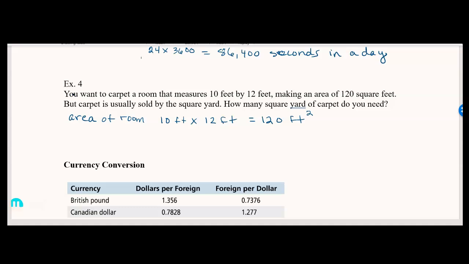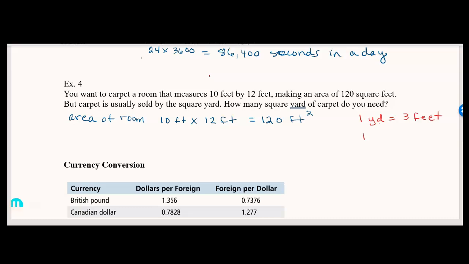Next, we have it in terms of square feet, but we need to put it in terms of square yards. All right, let's look at it this way. I'm going to put a little note over here. We know that 1 yard equals 3 feet.